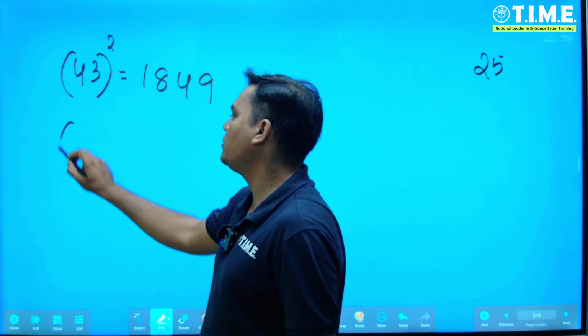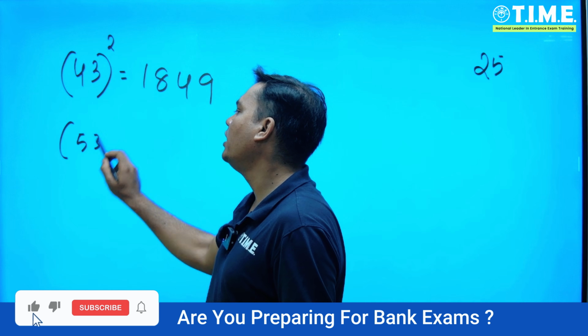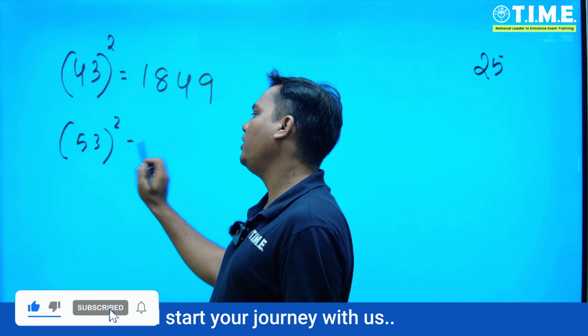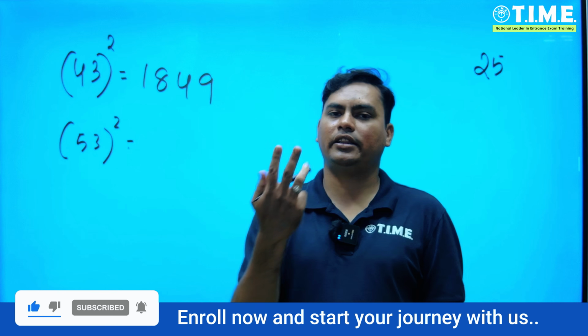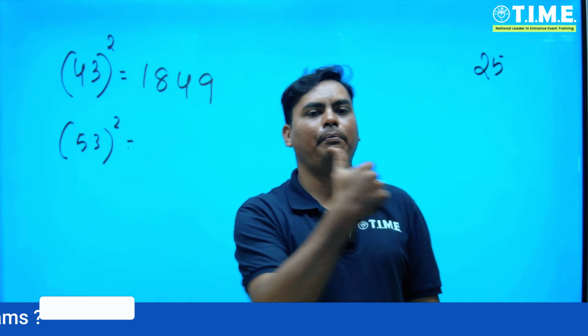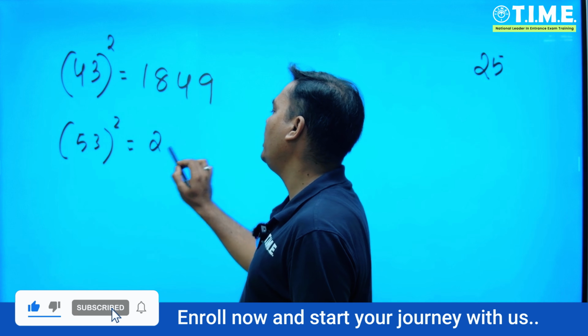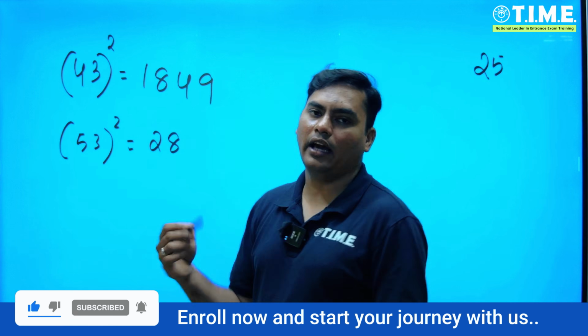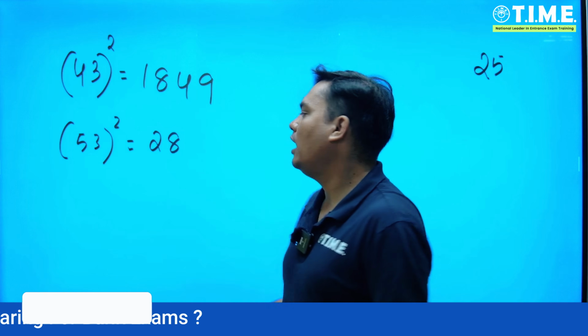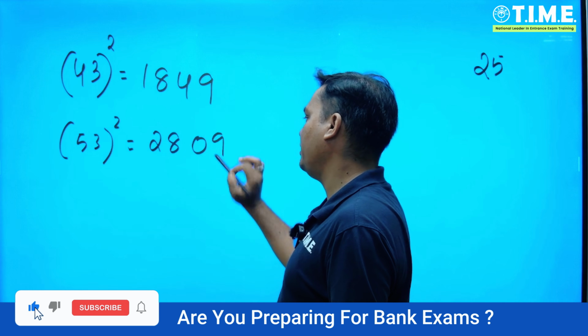Okay, we'll take another number. If I ask you what is 53 square? Now, this 53 is more than 50 by 3. I will add 25 plus 3. 25 plus 3 will be 28, and this 3 square will be 9, which I will be taking as 09 here. Got it?